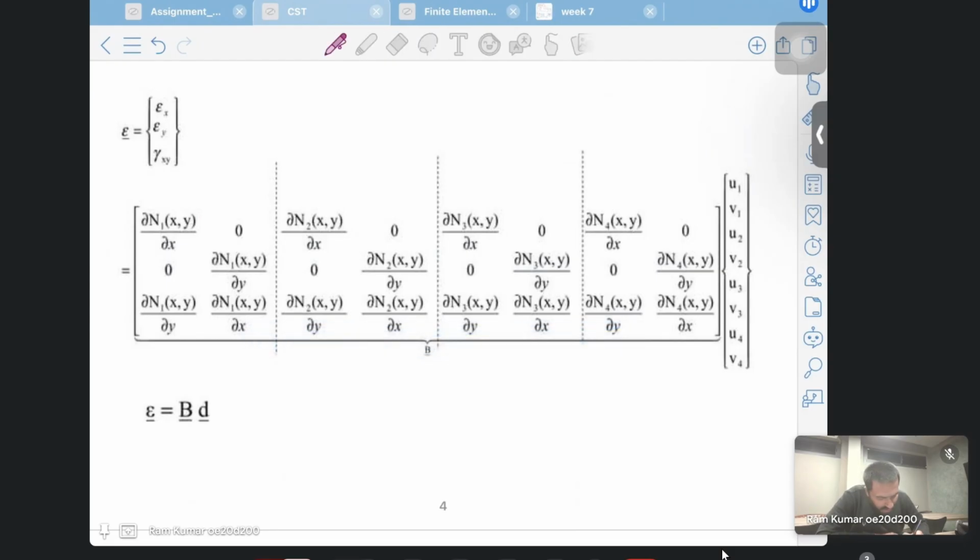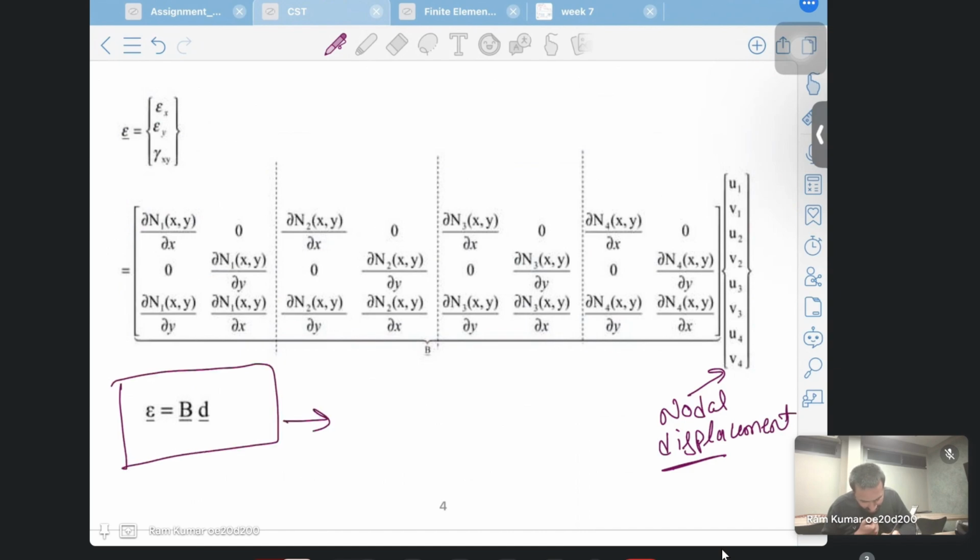So I will write here, these are our nodal displacement. In short form, this is our final strain vector.